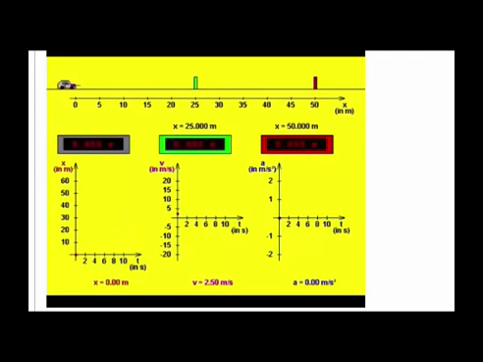Reset it. Let's go for the eighth trial. Take your measurements now.